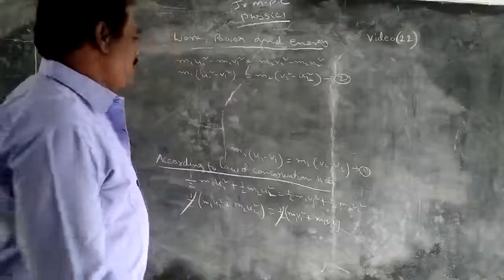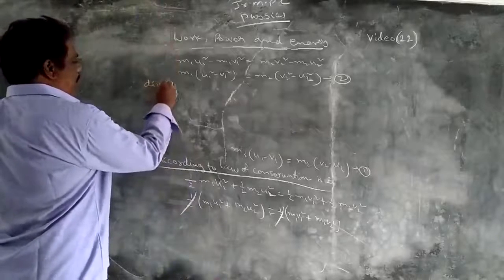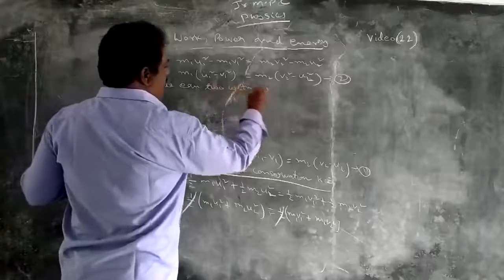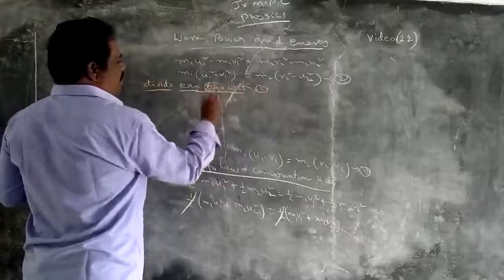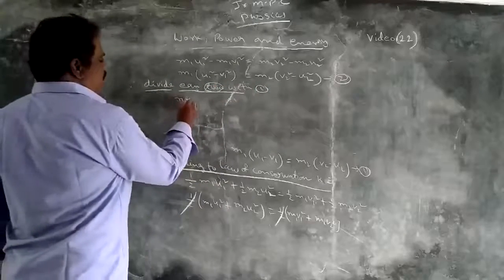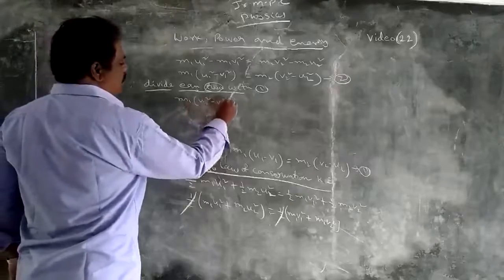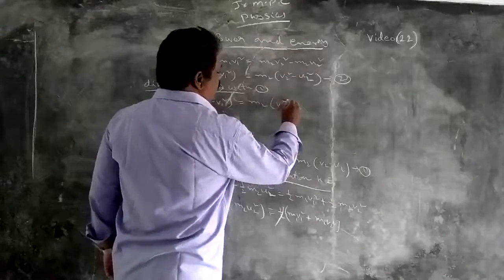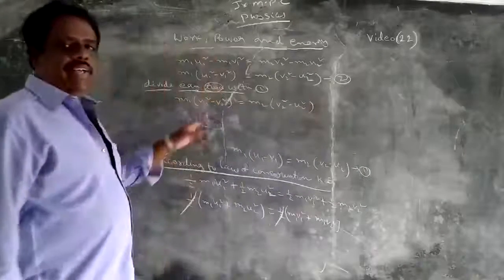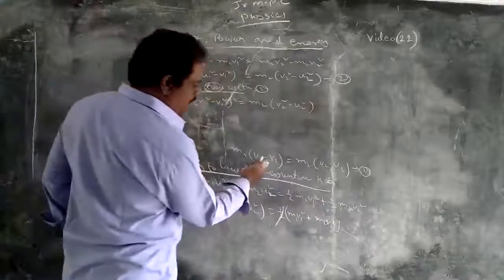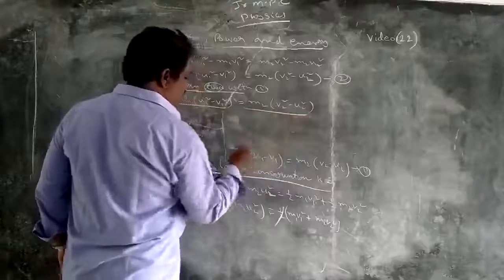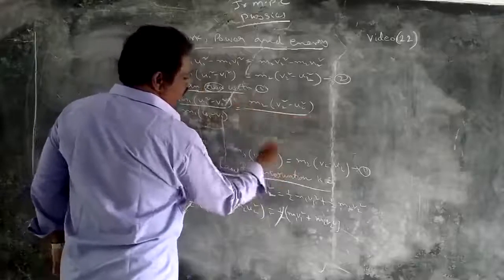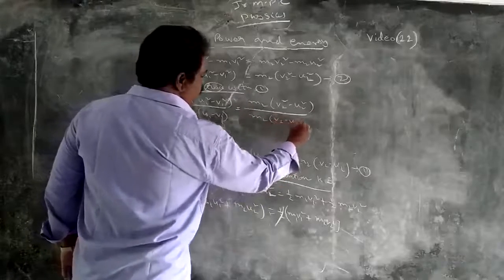Now divide equation 2 by equation 1. What is going to happen? m1 (u1 squared minus v1 squared) divided by m1 (u1 minus v1) is equal to m2 (v2 squared minus u2 squared) divided by m2 (v2 minus u2).